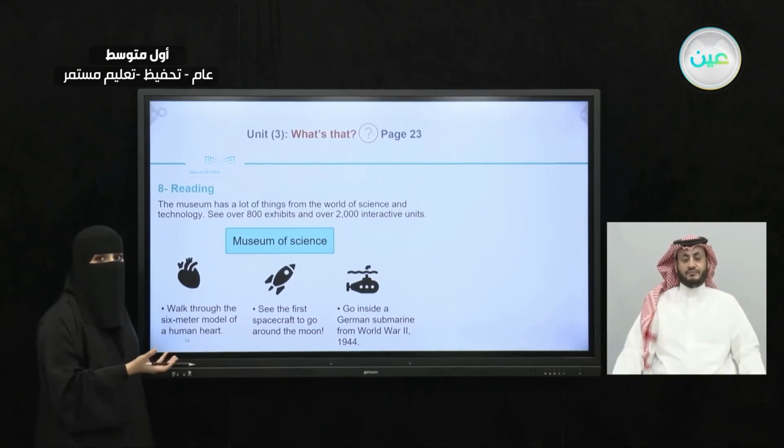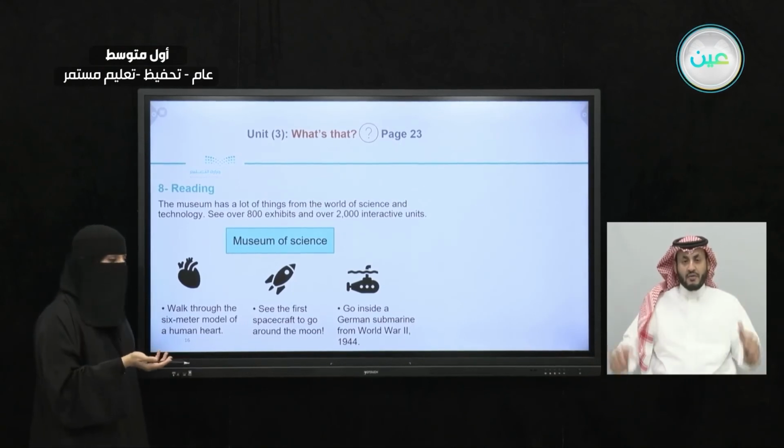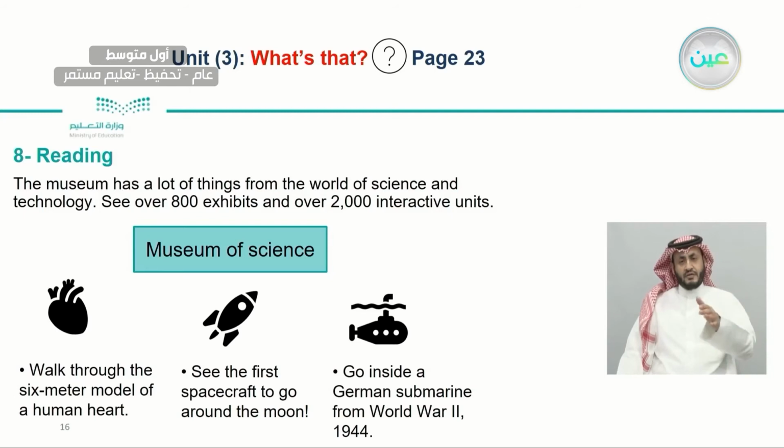It's not small, it's giant. Okay? Second one, see the first spacecraft to go around the moon. What's special about it? It's the first spacecraft to go around the moon. The way they write the sentences helps me to visualize how the items or the objects look like.